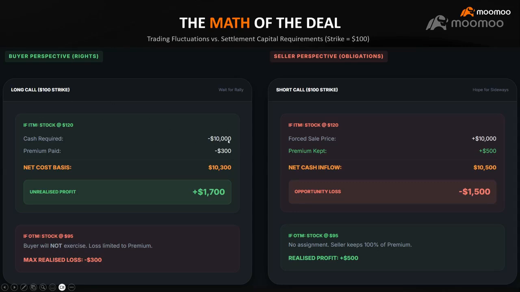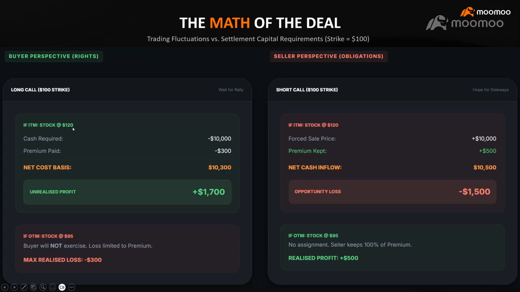I have to pay 10K. But because I also bought the option for the right, I also have the cost of premium.